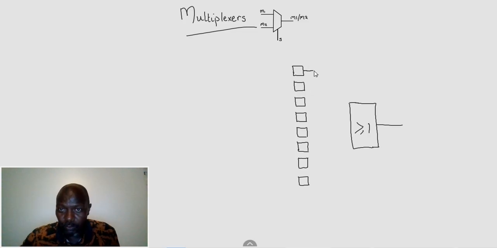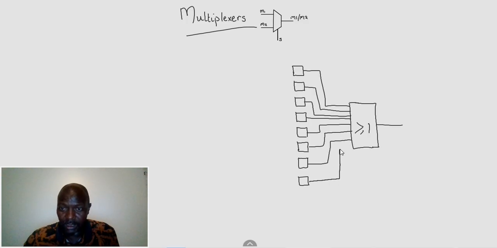You can choose that one there, choose the next one, choose that one there, and so on. As you can see, it's an OR gate, so our output can be any one of those.